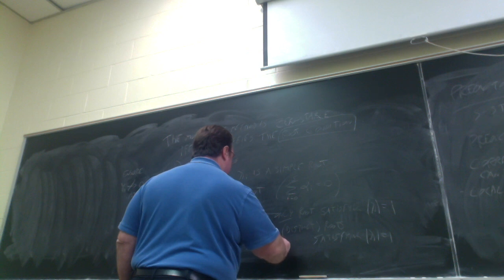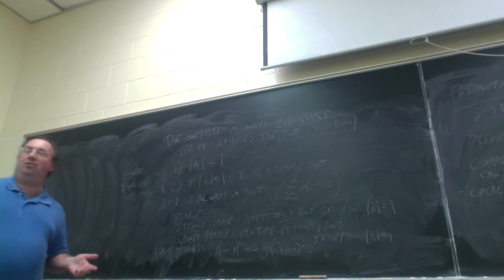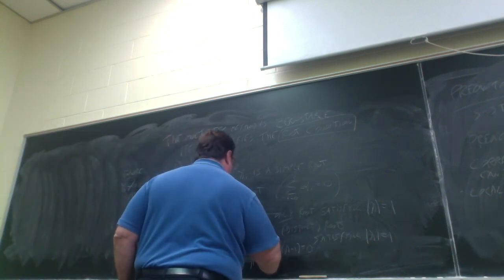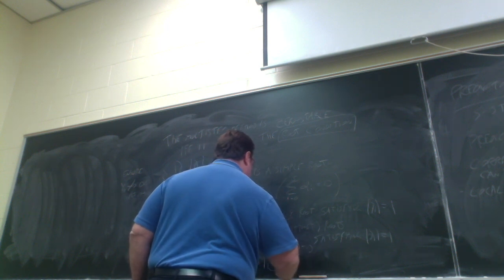You factor out lambda to the s minus 1, and what you're left with is lambda minus 1. So what are the s roots taking into account multiplicities? The roots are 1 and then 0, 0, 0, s minus 1 times.